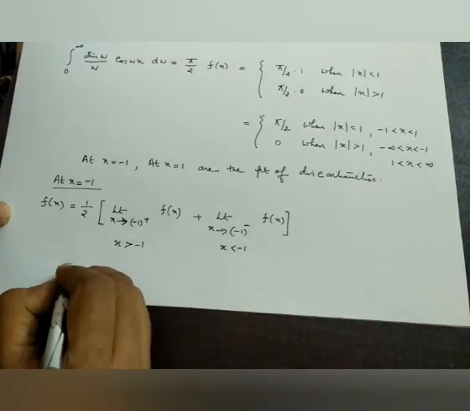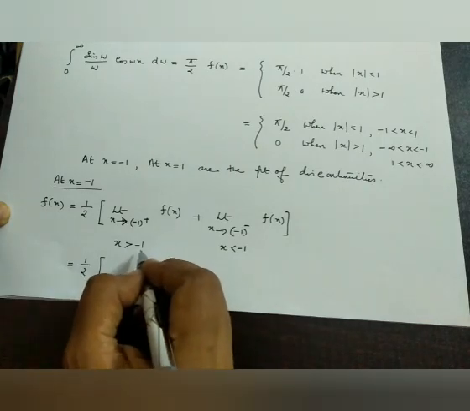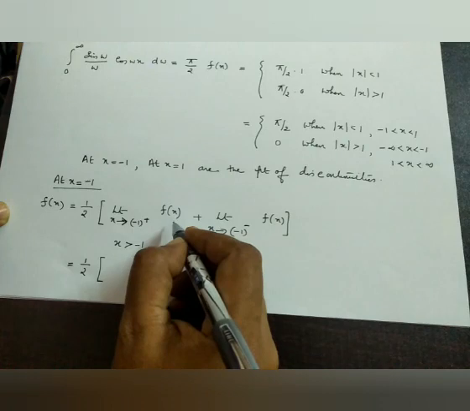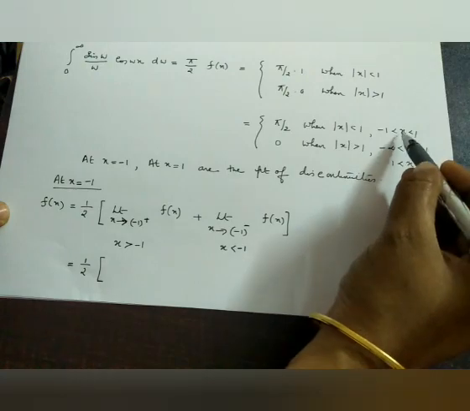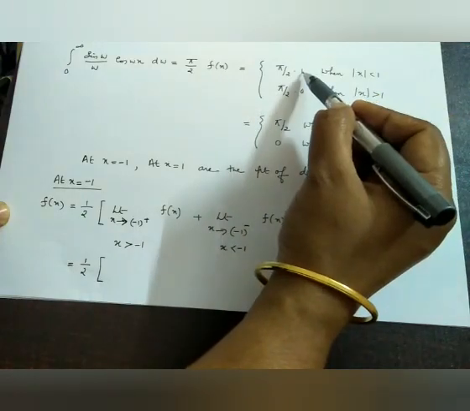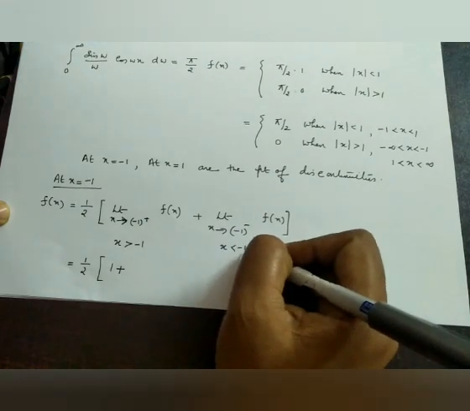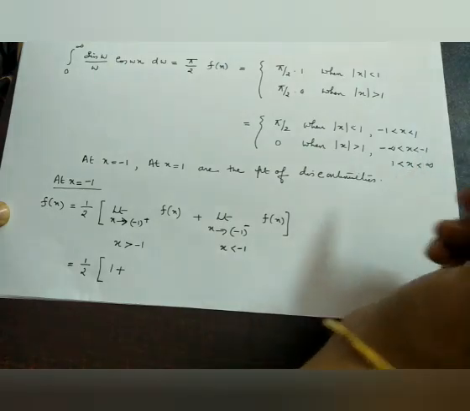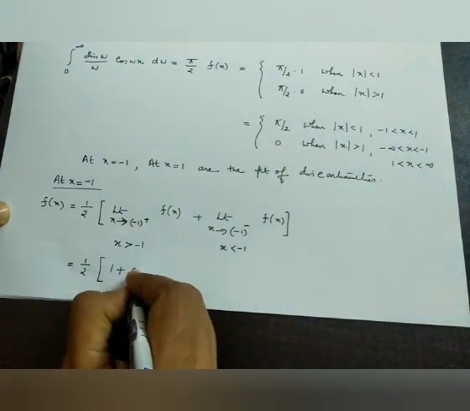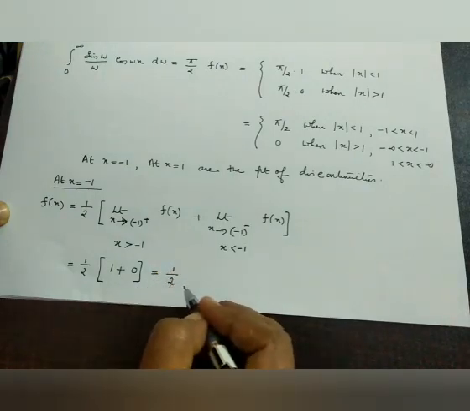That is equal to 1 by 2 into, when x greater than minus 1, the value of f of x is 1, plus when x less than minus 1, the value of f of x is 0, which is equal to 1 by 2 into 1, that is 1 by 2.